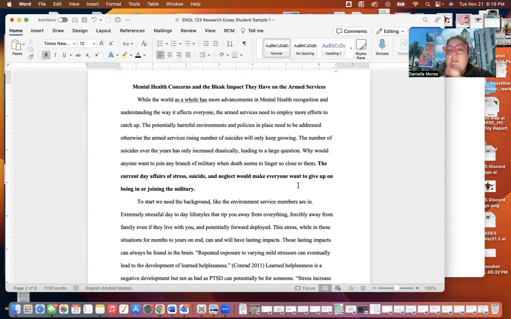So the other thing that this introduction is missing is not only the data about suicide in the military, and then again, how that data is collected.